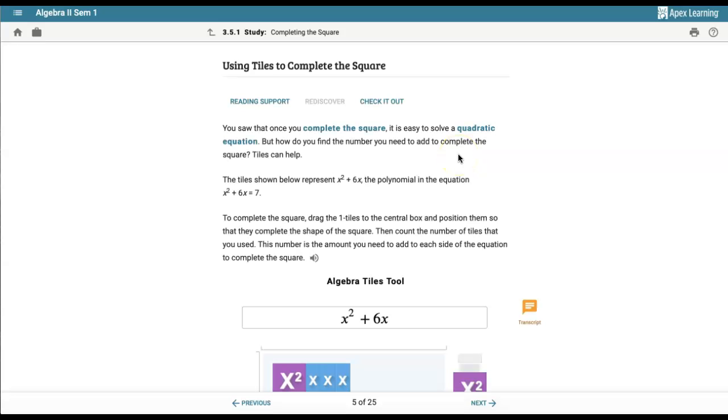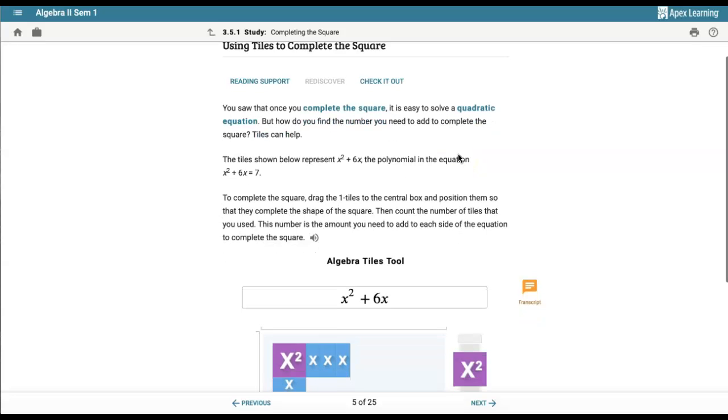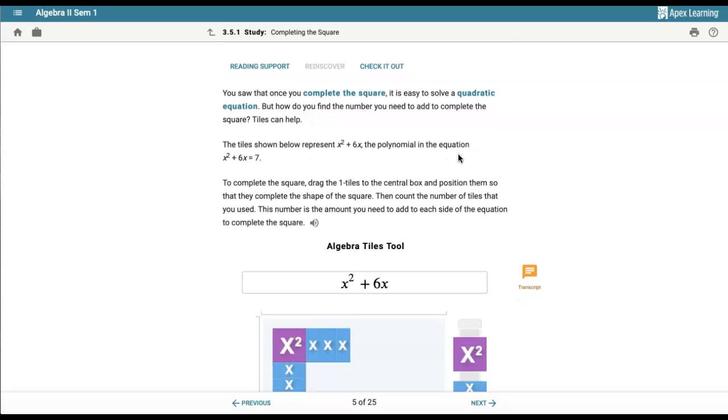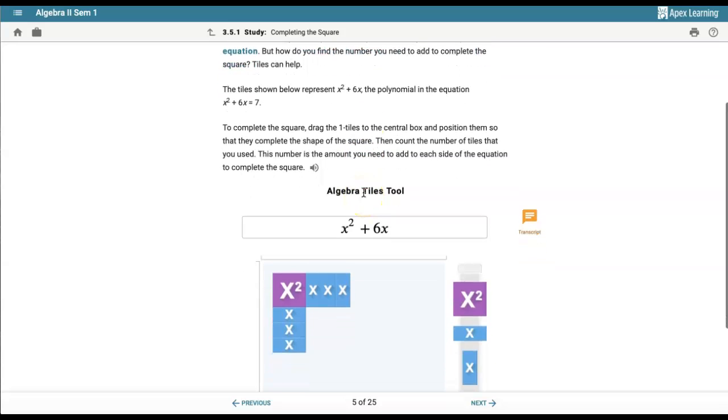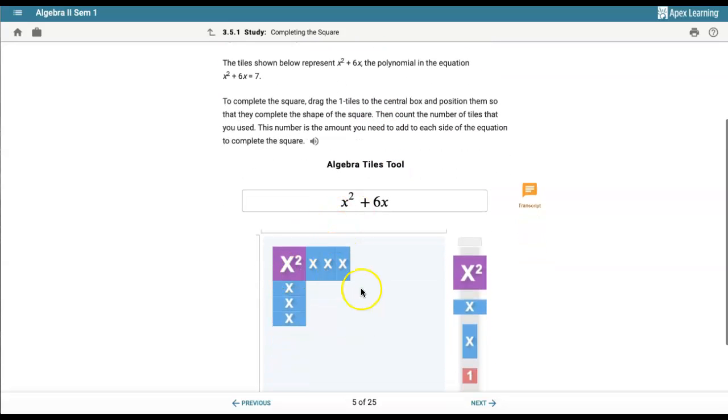All right, and I skipped over this in class. I don't particularly like the algebraic tile tools. They don't work super well for me. But shown below, they're trying to show you that when you add things together and move them around, it's showing you different ways of looking at this. So if I even try to, it's not liking me too much here.